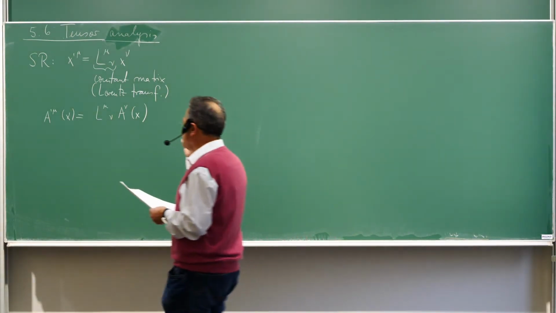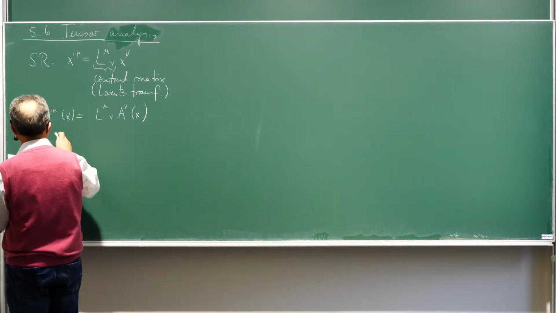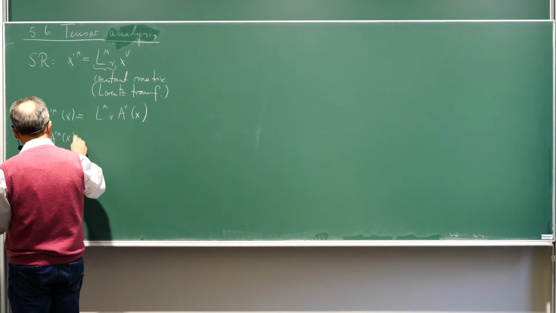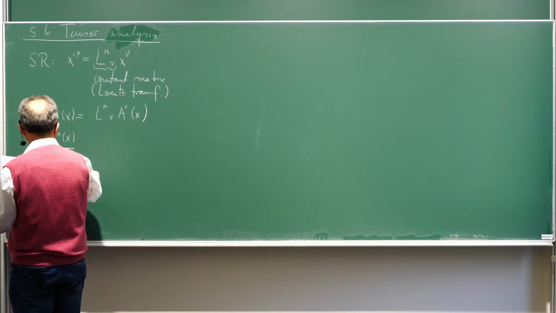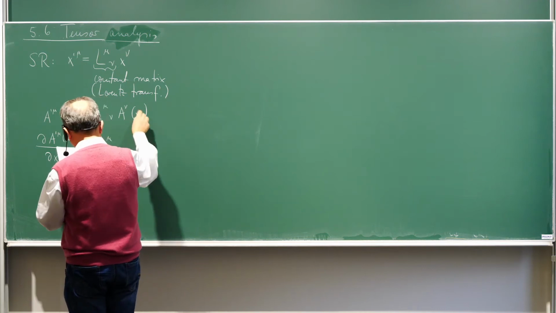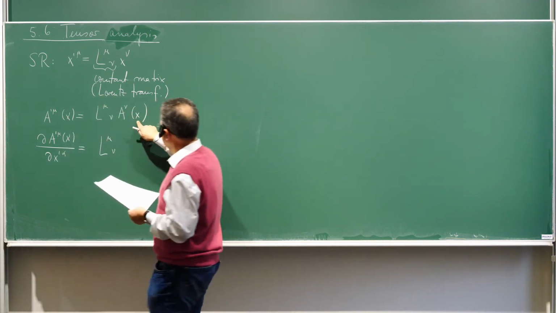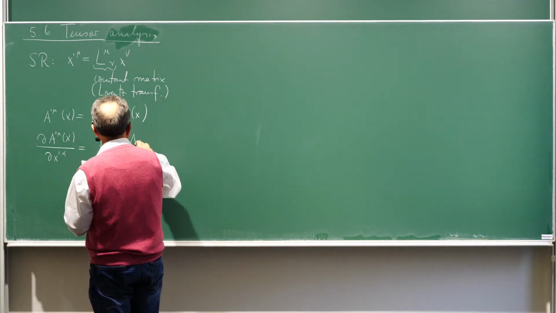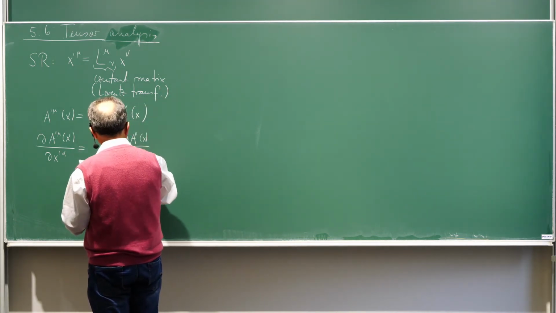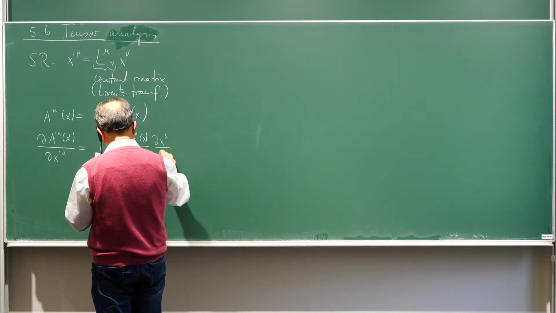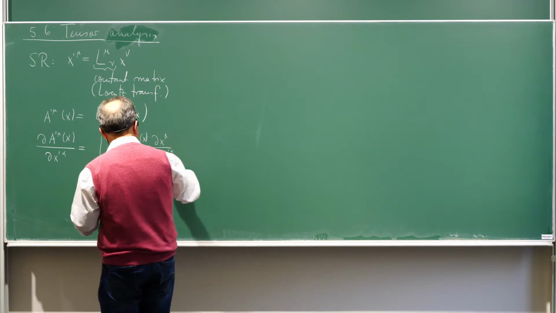Let us check. The partial derivative dA prime mu of x prime over dx prime alpha is L mu nu, which is a constant, and then you have to differentiate this, but this depends on x. So you have to apply the chain rule. You first have to differentiate with respect to x, and then you have to differentiate the x's with respect to x prime.